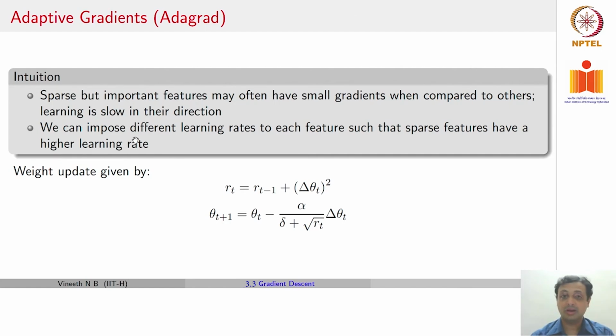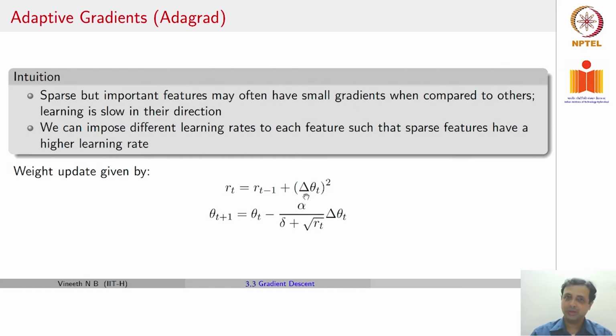So what you do in AdaGrad is you accumulate the squared gradients as a running sum. RT is a quantity that holds a running sum of squared gradients. Once again, keep in mind that delta theta t is simply the gradient, that's the parameter update, and that's a vector of the gradient with respect to every weight in the neural network.